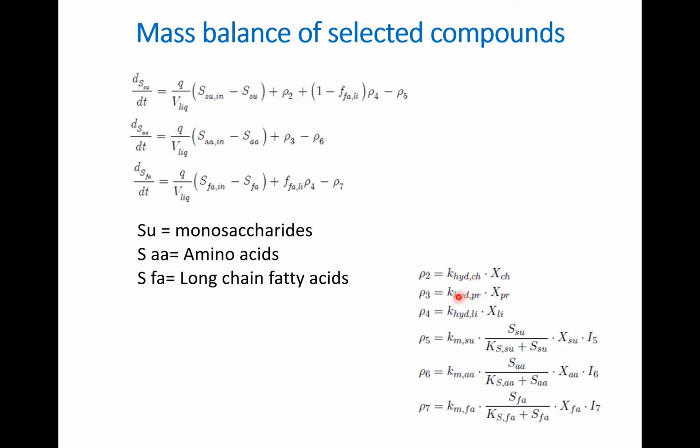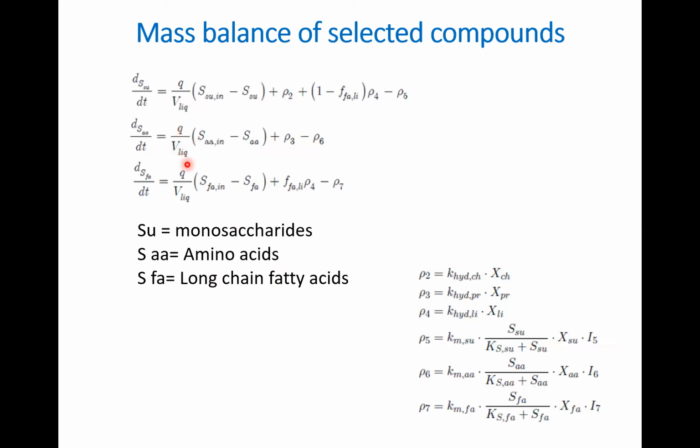Again, these values are just from the other table. So ρ2 is k_hyd,ch times X_ch, ρ3 is for the hydrolysis of protein, and ρ5 is for the uptake of sugars. Again, this is also the same thing for amino acids or for long chain fatty acids.